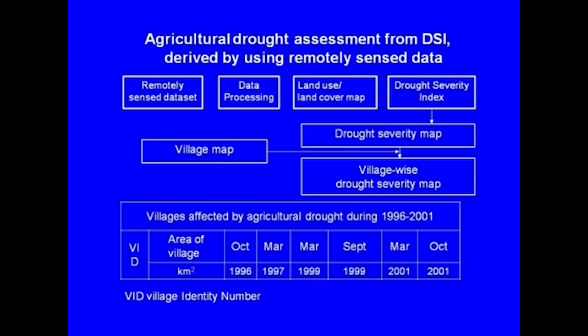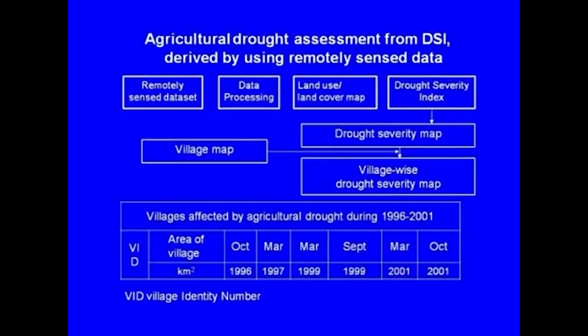Having had a look at the methodology right at the start, the viewer should be able to appreciate one simple aspect, and that is that instead of looking at the regional status of the drought, this particular approach allows us to make an assessment on a village to village basis.